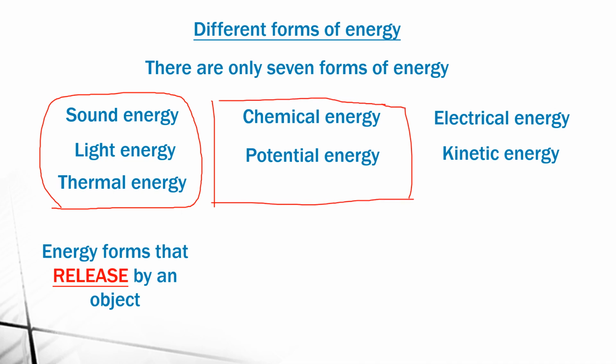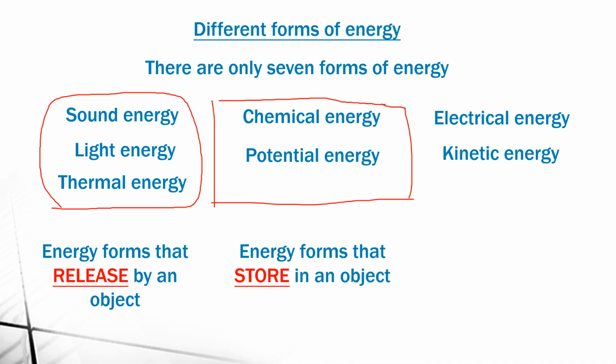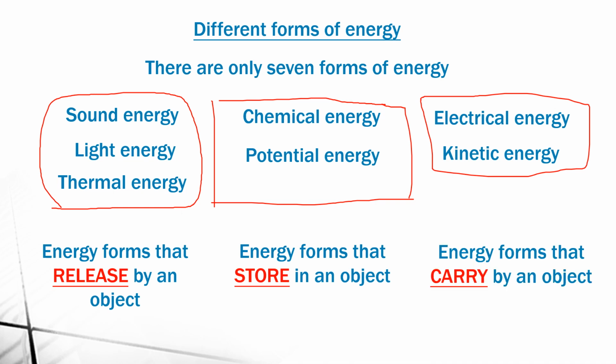It refers to my previous video PowerPoint slide. You find that I use the term store, 儲存嘅方式. They are the forms that are stored in the object. And finally, electrical and kinetic energy. Usually they are not given out, and not stored in the object, but carried by an object.